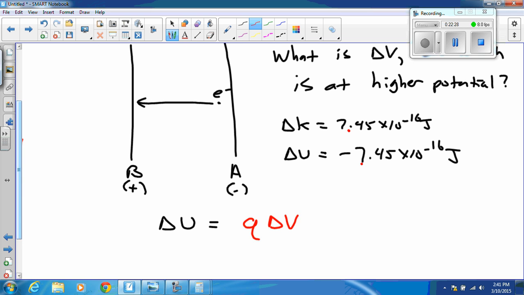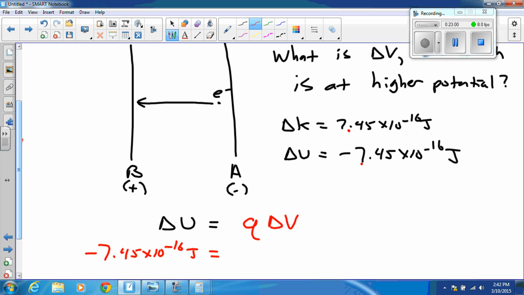So, we immediately have then delta U, the change in potential energy, is charge times change in potential. And we can plug in. What am I going to put in for the charge here? Negative 1 electron.